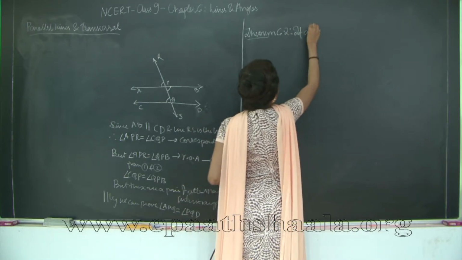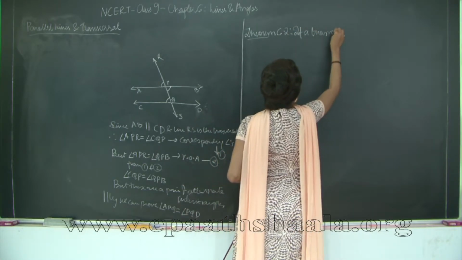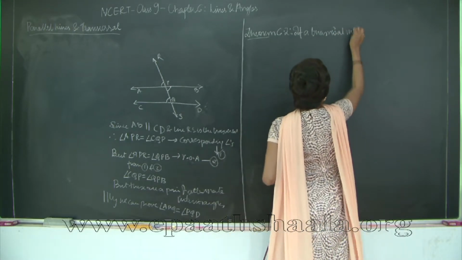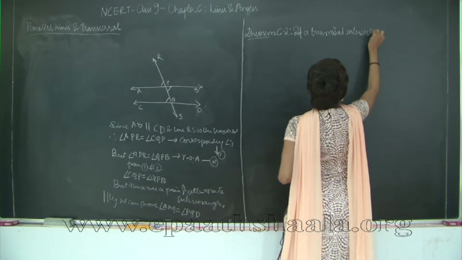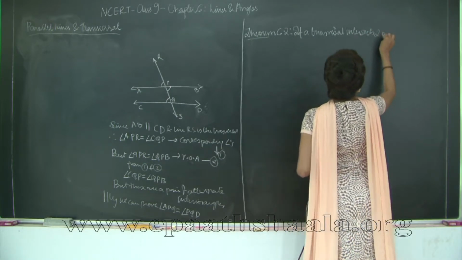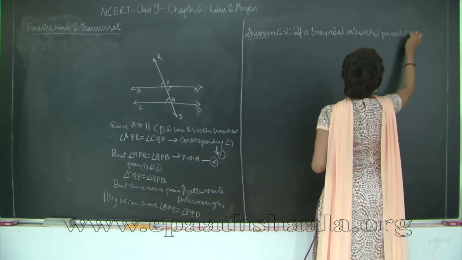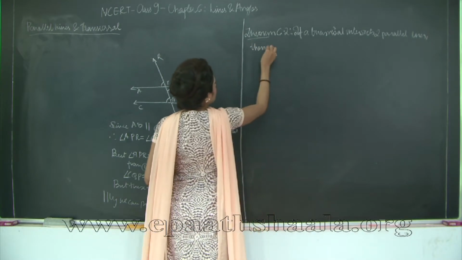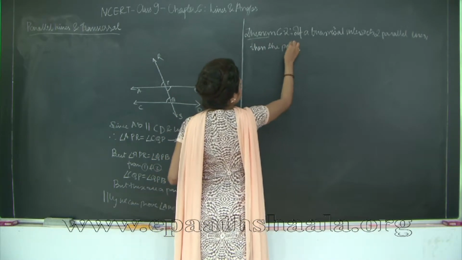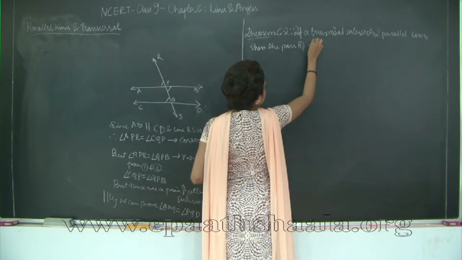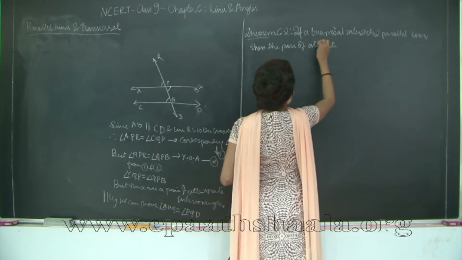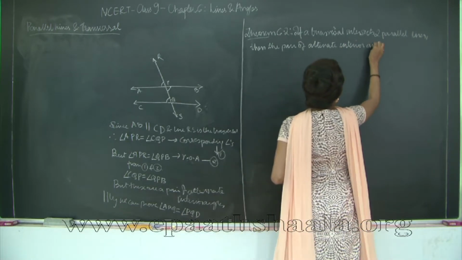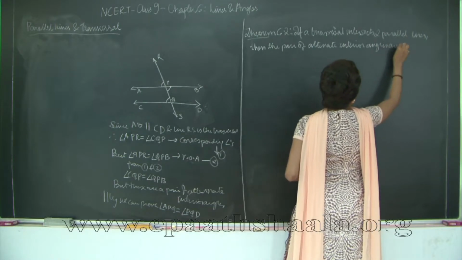If a transversal intersects two parallel lines, then the pair of alternate interior angles are equal.